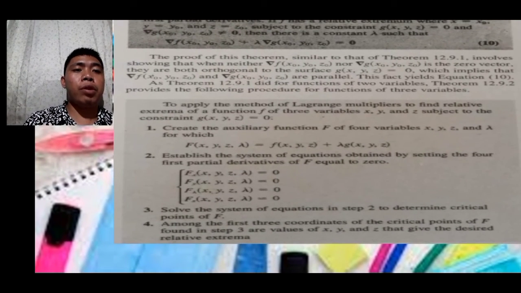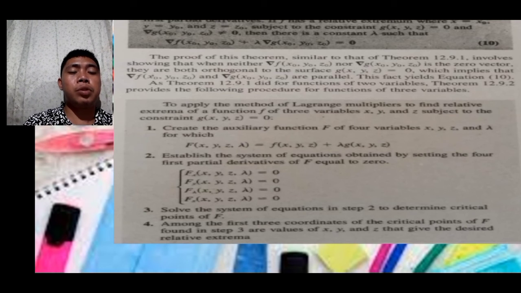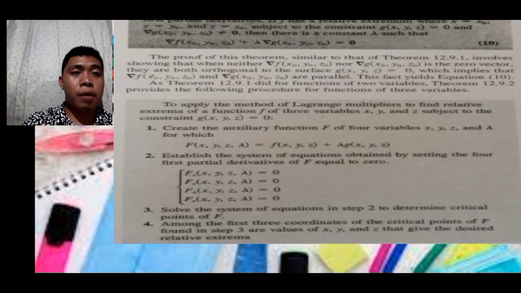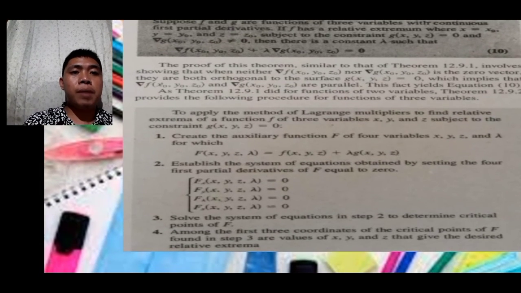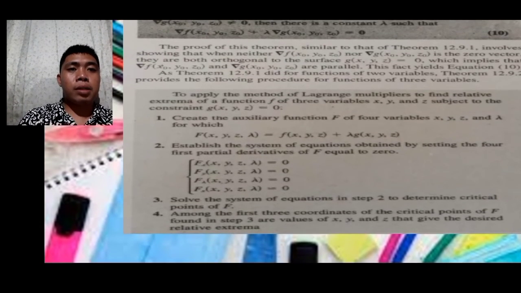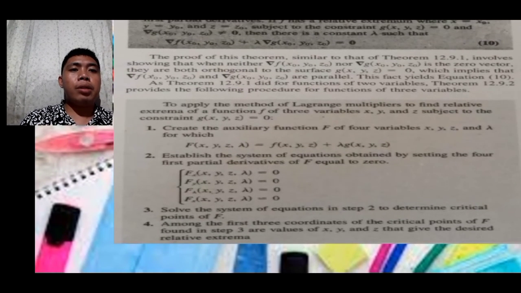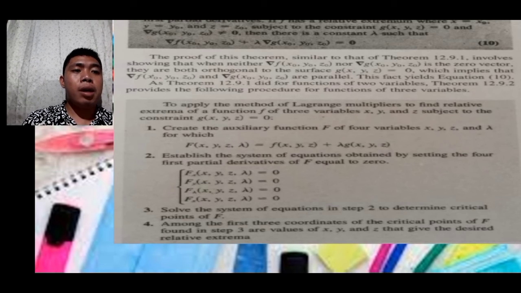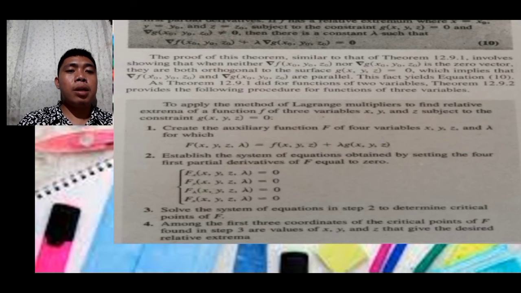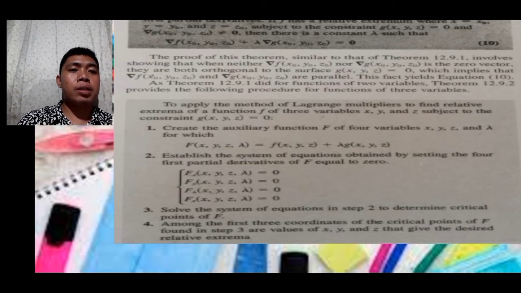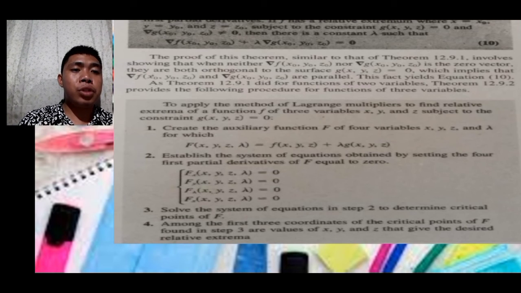To apply the method of Lagrange multipliers to find relative extrema of a function f of three variables x, y, and z subject to the constraint g of (x, y, z) is equal to 0: First, create the auxiliary function F of four variables x, y, z, and lambda for which F of (x, y, z, lambda) is equal to f of (x, y, z) plus lambda times g of (x, y, z).